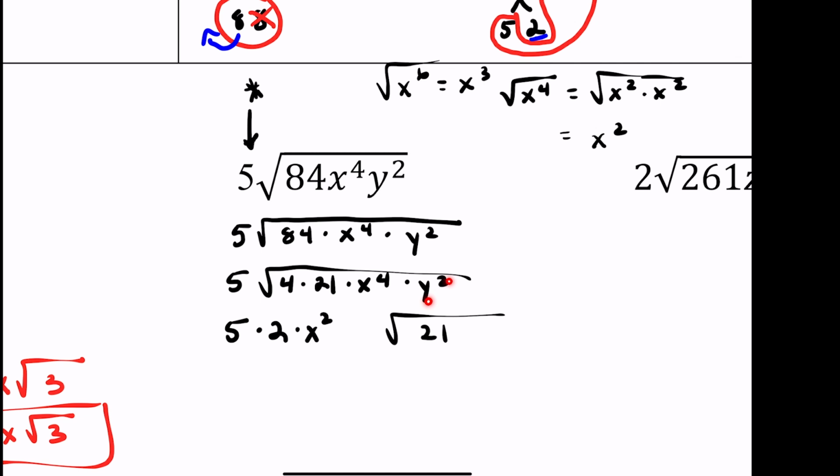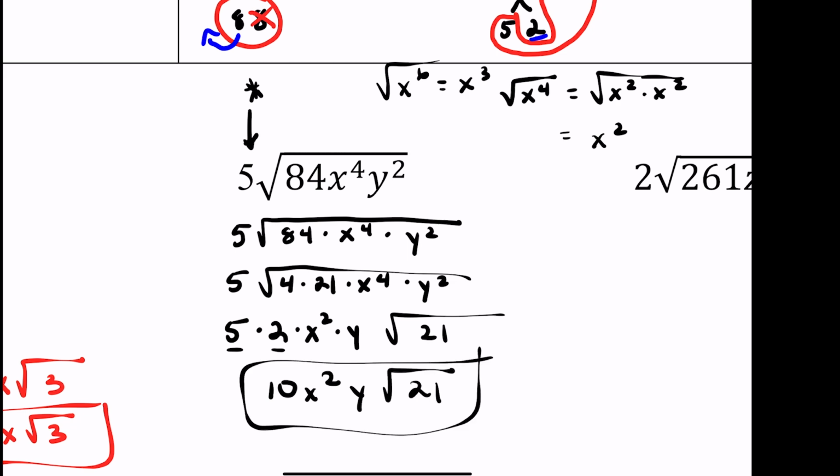You have a variable raised to the 2nd power, so you can just do 2 divided by 2, and that's just going to give you y to the 1st power, or just y. So then, let's put it all together here. 5 times 2 is 10, x squared times y, root 21, and that is your answer.